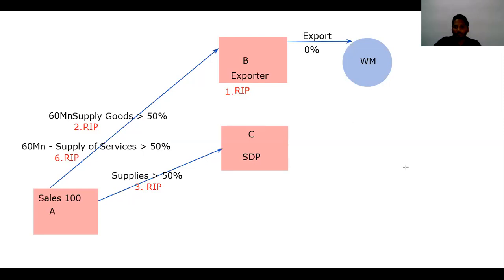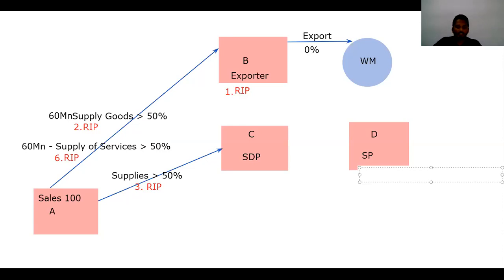Here we will draw person D as SDP, sorry, a specific project. If they registered as a specific project, then they are also eligible to get RIP status.